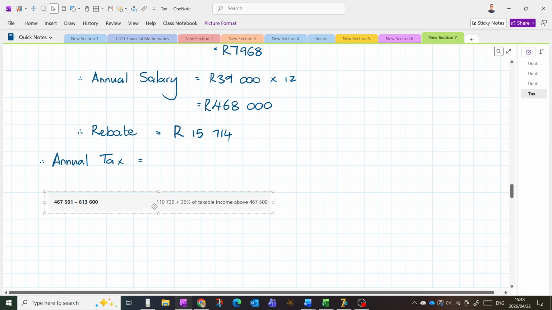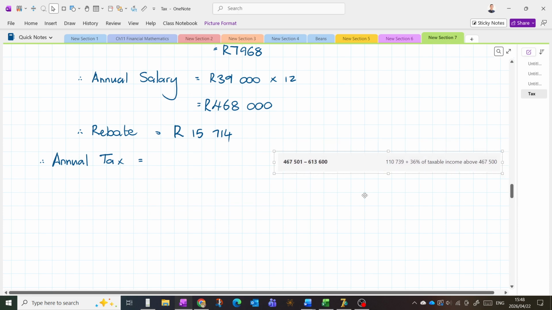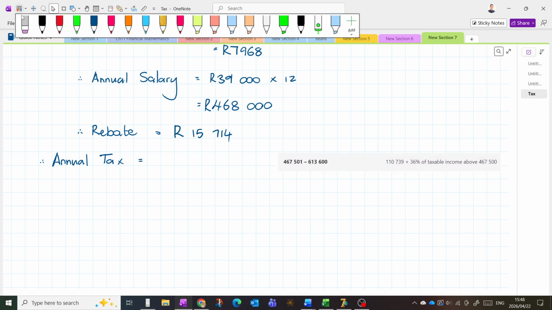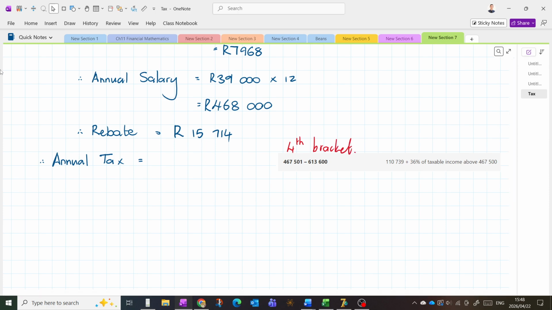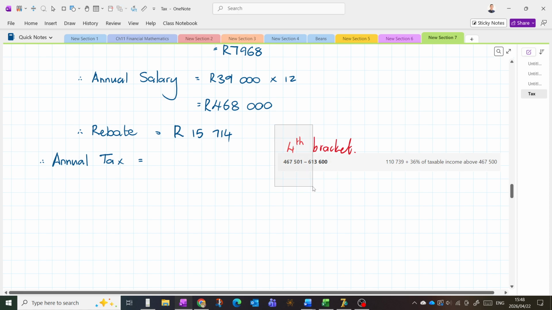There we go. So this is the bracket that it's going to be. This is the fourth bracket. Okay, so, wait, that's a little in the way. Let's just move this down. So tax-wise, he falls into the fourth bracket.